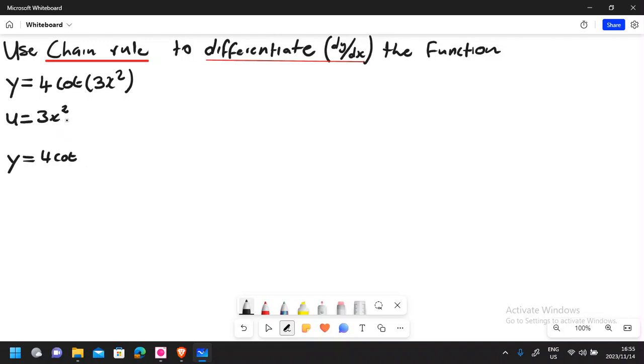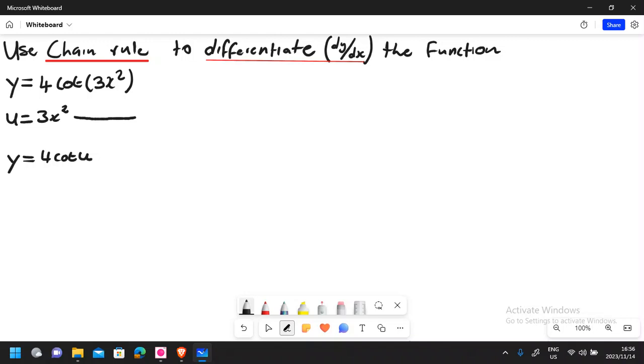The 3x squared now is going to equal u. So when you write the outer function, you're going to write it in terms of u. Where there is 3x squared, you substitute it with u. I hope you guys are able to follow through here.